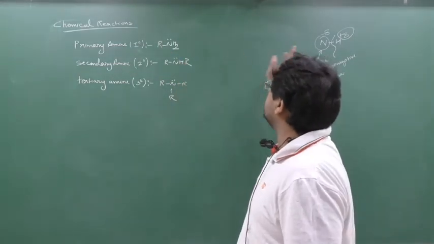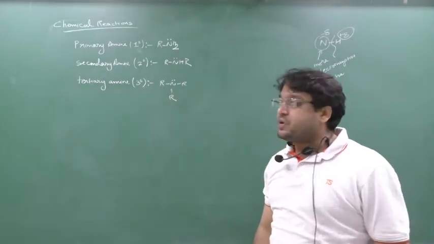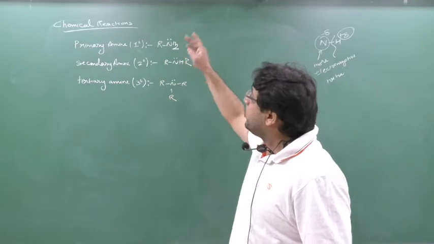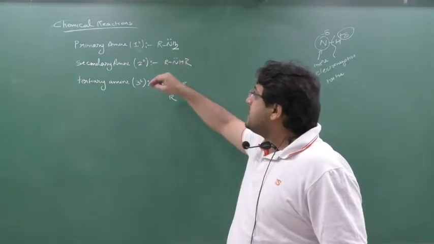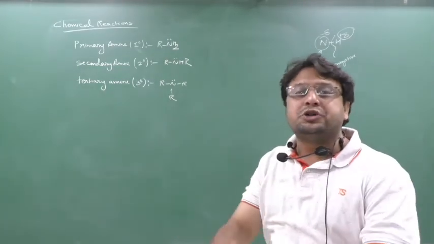With secondary amine, some other compound will be formed. With tertiary amine, some other compound will be formed. Sometimes, if I react all the amines, whether primary, secondary or tertiary, with some reagent, they will show the common product.